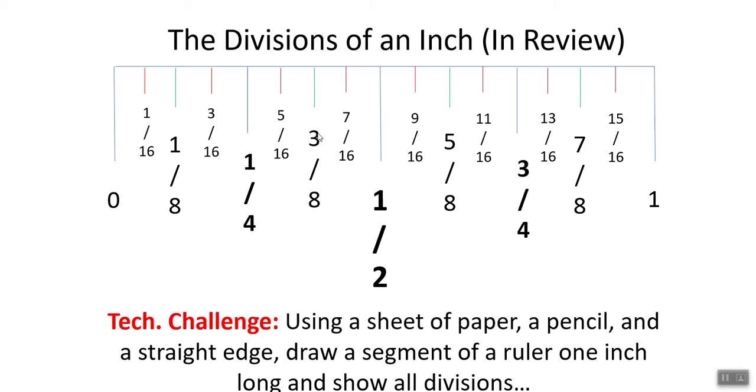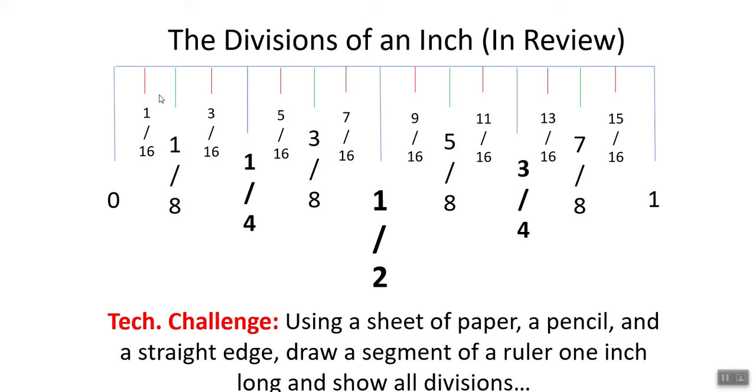We don't say 3 bar 8, we just say 3/8. We don't mention the bar. However, if we mix whole inches with fractions of an inch, we use the word and. Here, we would say 6 and 1/4. So let's go over these again, starting from the very beginning and go to the end.